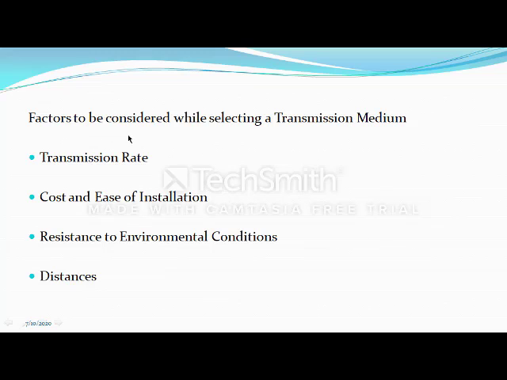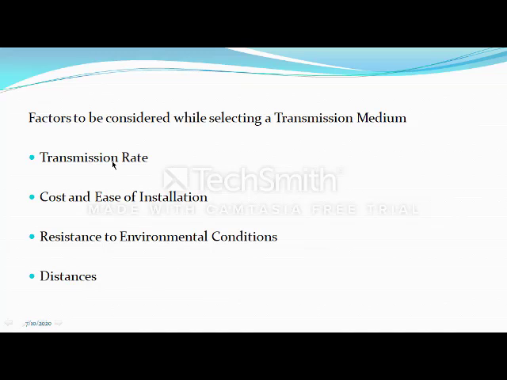While selecting a particular transmission medium, what are the factors to be considered? Transmission rate, cost and ease of installation, resistance to environmental conditions, and distances.